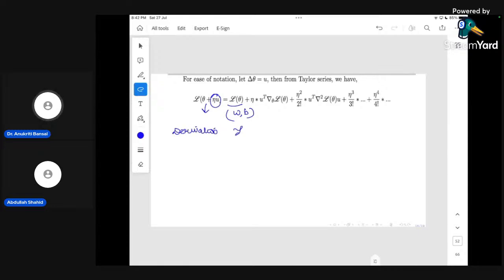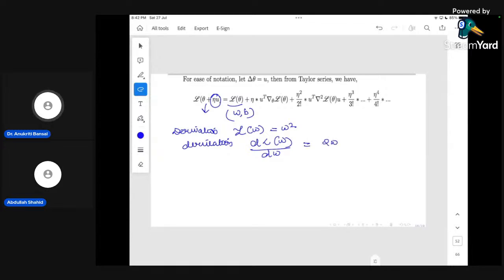Suppose I take the example L(W) equal to W squared. If I want to take the derivative of this L, it will be dL by dW, so the derivative with respect to W will be 2W.